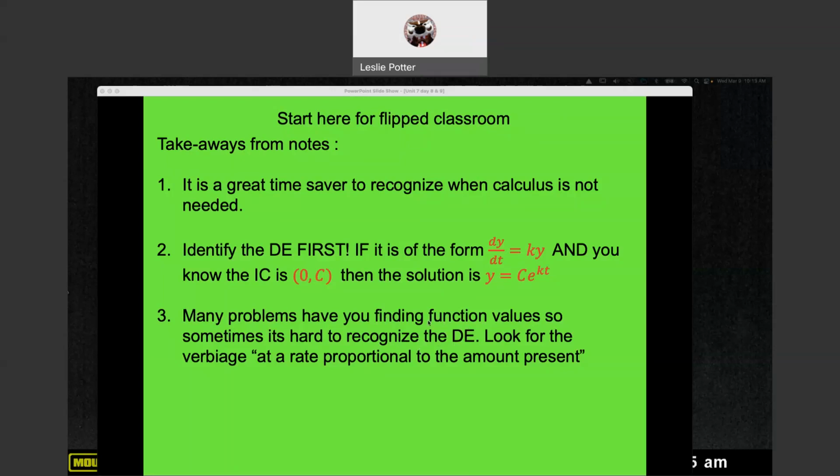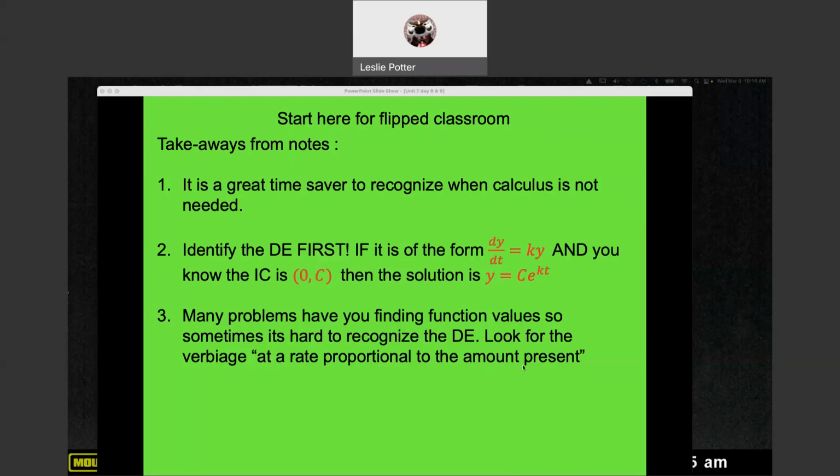So, from a differential equation standpoint, we're looking for expressions like this to skip the calculus. From a verbal standpoint, we're looking at a phrase like at a rate proportional to the amount present. That's what that means. Y is the amount present. So when you see that verbiage, then you know that you're dealing with a skip the calculus step.